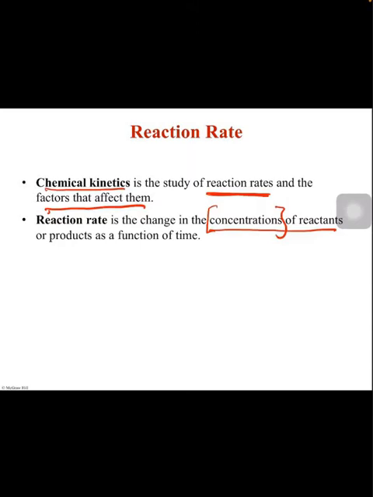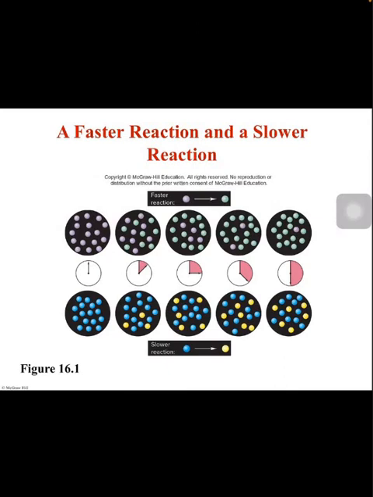Okay, seterusnya, if you refer to this slide, this is figure 16.1, and basically it shows how we measure the rates of reaction. You can see there is a time function kat sini. Kita monitor masa kat sini, and this is the beginning of the chemical reaction, permulaan dia.